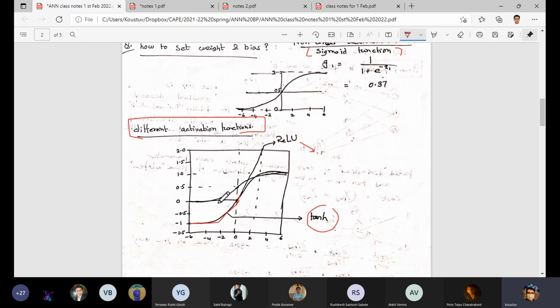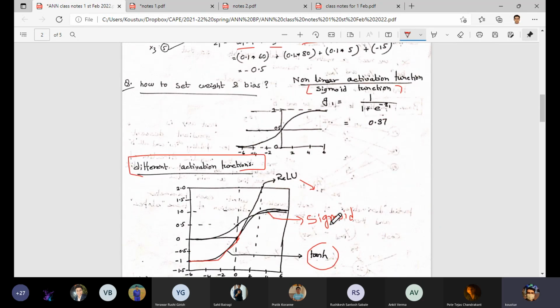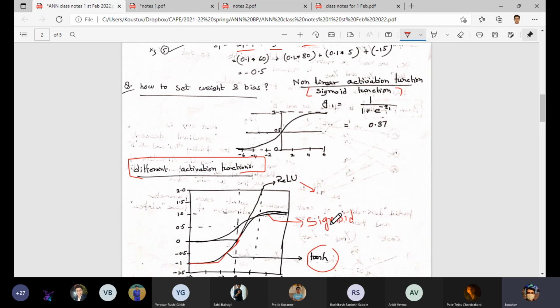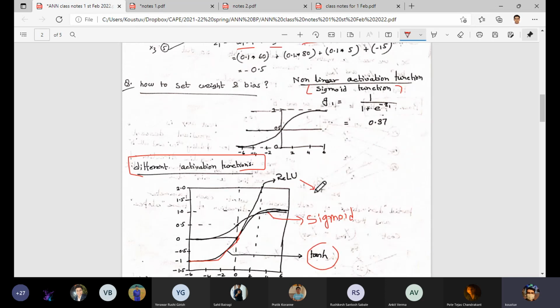Then you have the sigmoid function, which is this. And then you have the tanh. So one can try different activation functions and check the model performance.